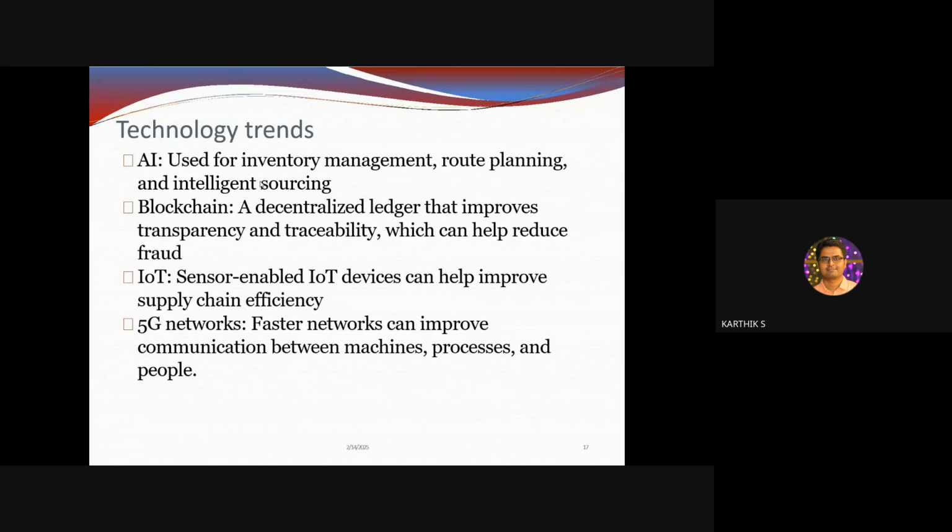Recently, Amazon in the US, in one of the storage areas in their inventory, fired 400 people and replaced them with robots. So this inventory management has completely replaced all 400 resources, and it is completely run by robots.